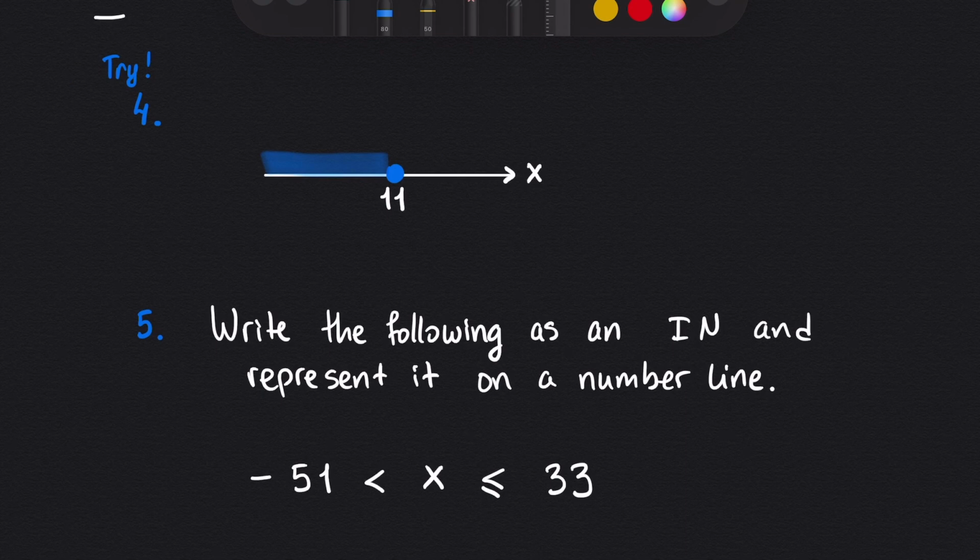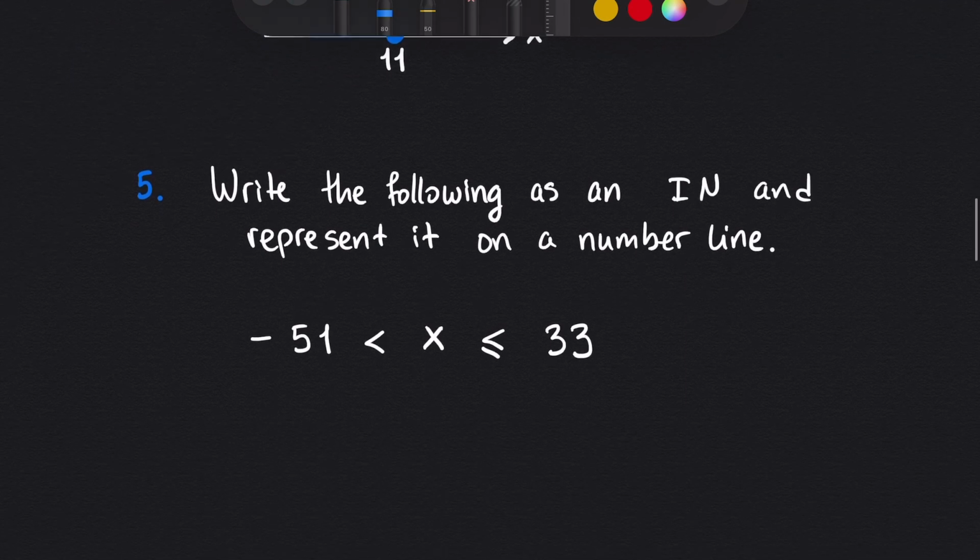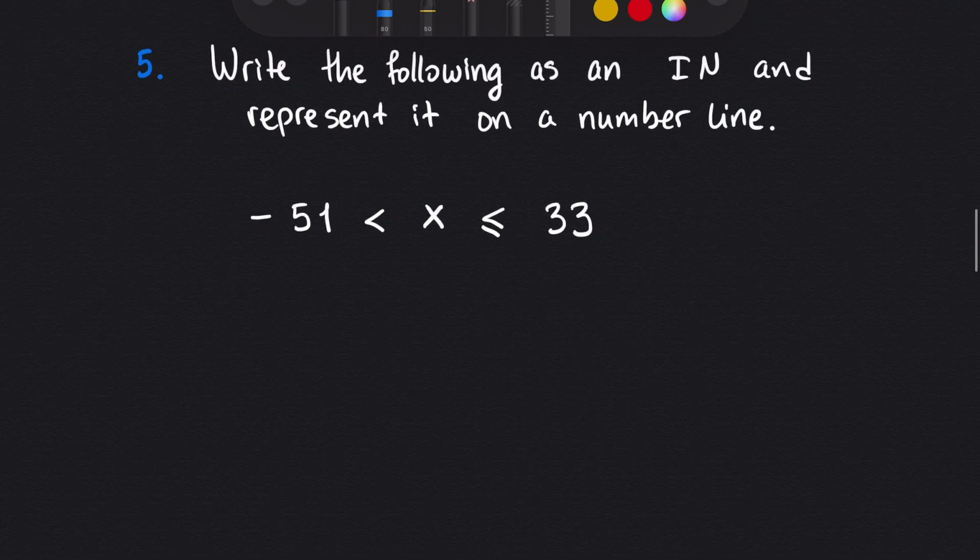Let's head to example number 5. Write the following as an interval notation and represent it on a number line. We have -51 not included because it's not equal to. And we have 33 included because we see that it's equal to x.